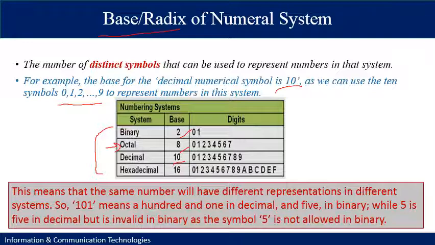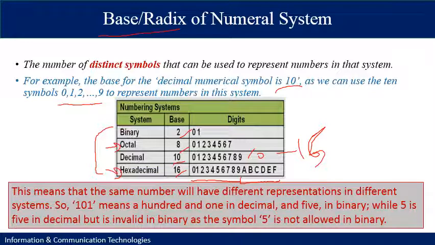There is another number system, the hexadecimal number system, which has a base 16 and uses symbols from 0 to 15. So when you have 0 to 9, these are the same digits as in the decimal system, and when you have to represent digits from 10 to 15, you replace these with alphabet symbols.